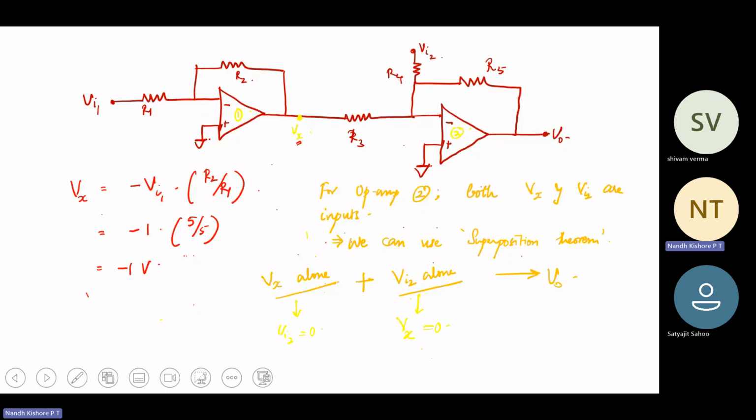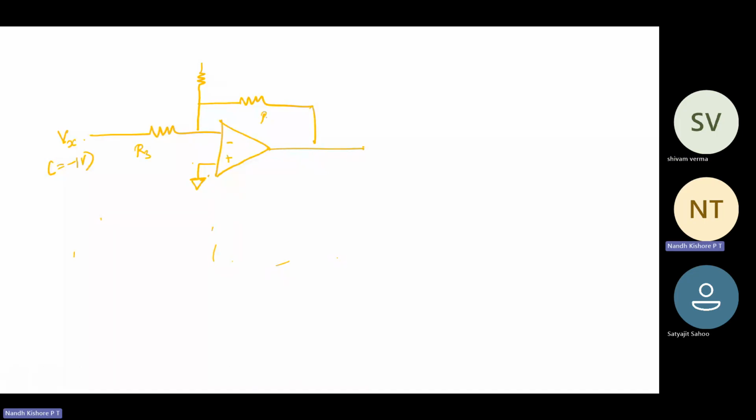So let's simplify the circuit. I will draw the circuit alone. We have Vx over here, which is minus 1 volt, which we already computed. So there's your R3, R5, R4. This is Vi2.